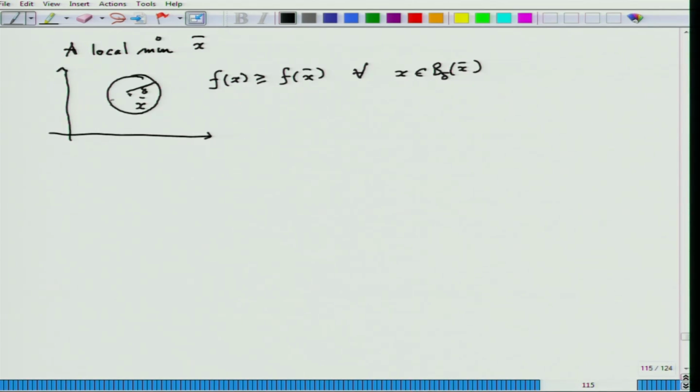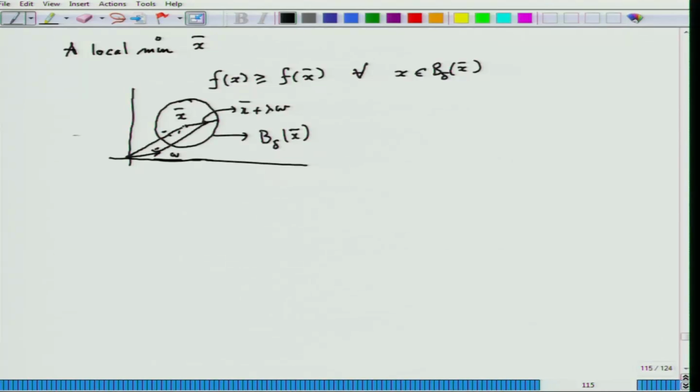Now, this is my vector x bar, and here we see the drawing where x bar is the point and there we have drawn a disk around it. Take any direction w. This is the direction w, and this vector up to here is lambda times w.